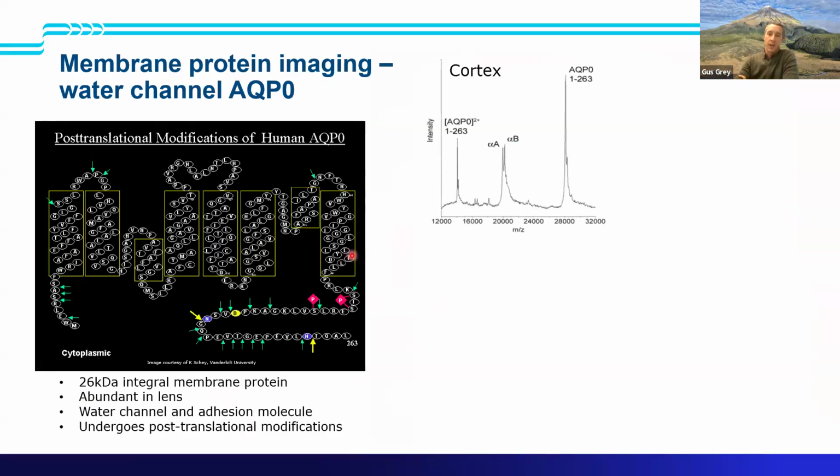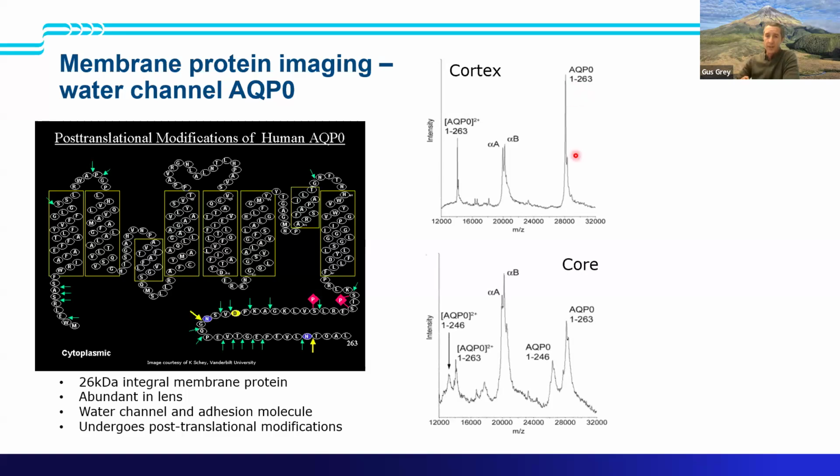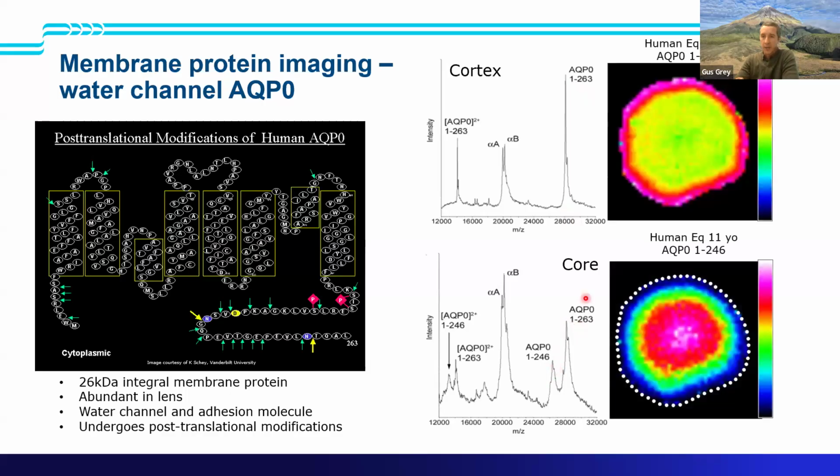So here's an example of that, where in the cortex of the lens, we've got a prominent signal for the full-length aquaporin 0. And then in the core region, we've got truncation of the full-length aquaporin 0 to a shorter form truncated at residue 246. And here are those mass spec images just showing it's most intense in its intact form at the very edge, and that truncated form is more abundant in the very center of the lens.